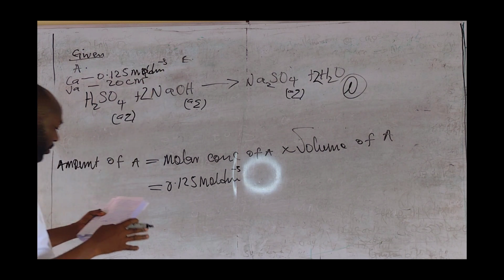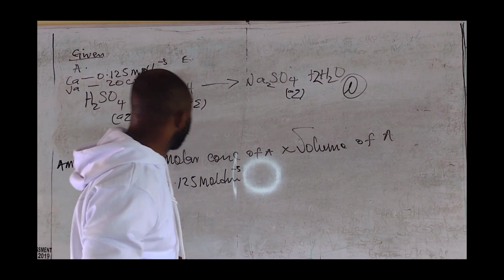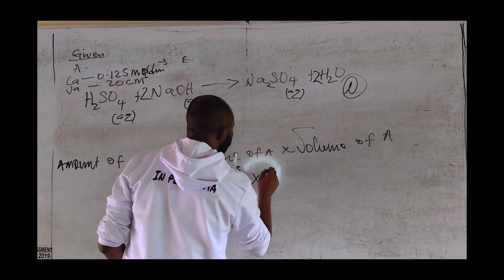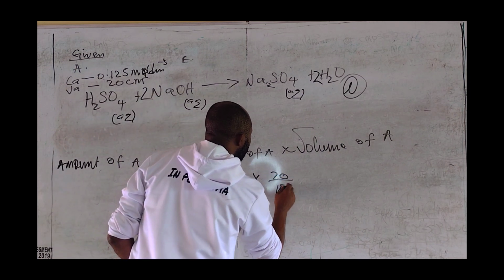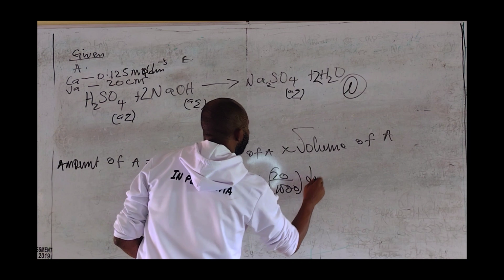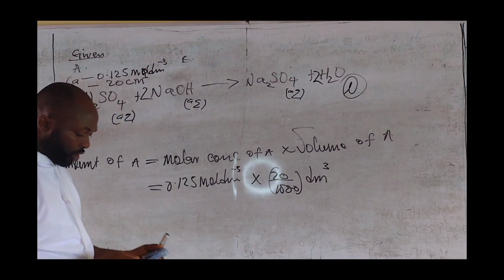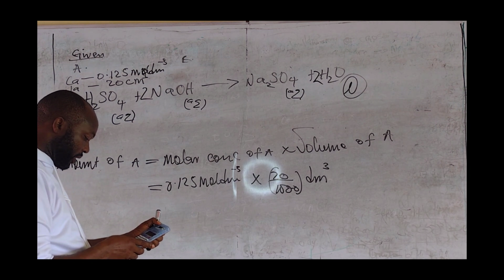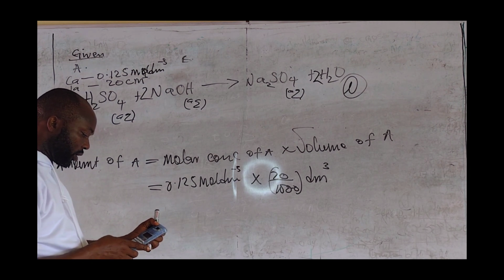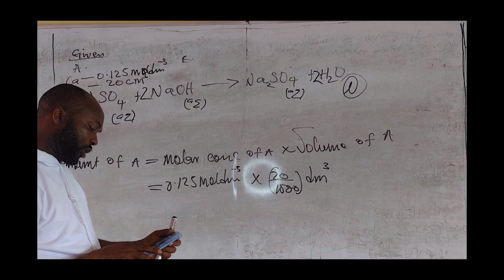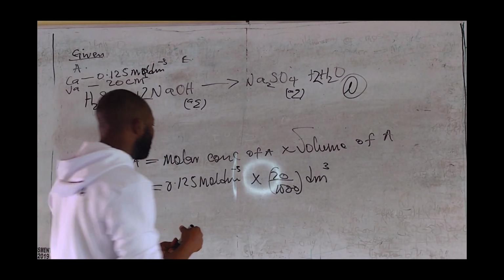So the volume here is 20 over 1000 in dm cube. 20 divided by 1000 gives 0.02.